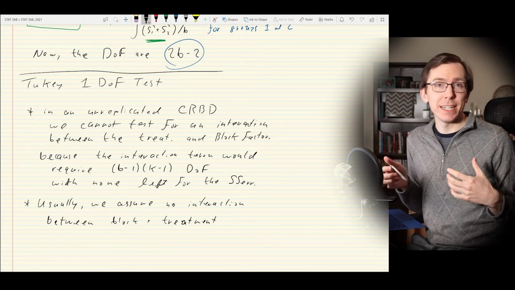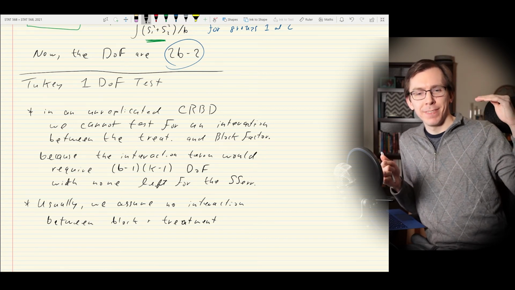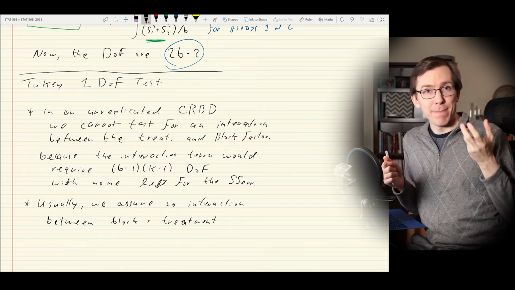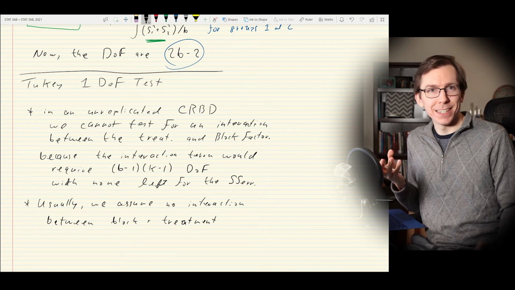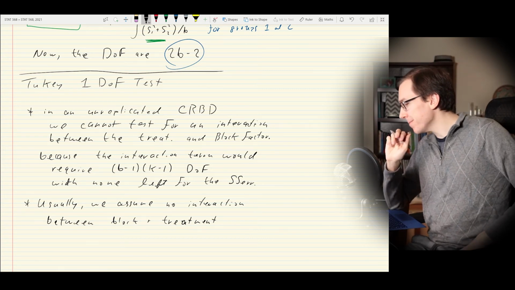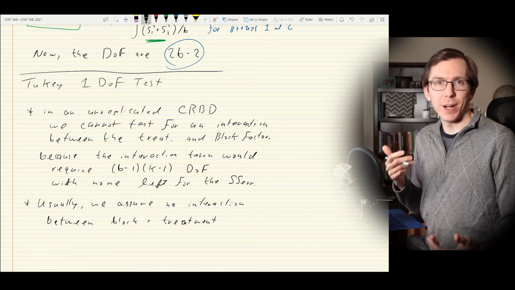The assumption that we would need to make, unless we were to replicate this, is that there is no interaction between the drugs, the medicine we're testing, and whether or not the person has been smoking cigarettes every day of his or her life. So it is an assumption we have to make if we want to proceed in this way.